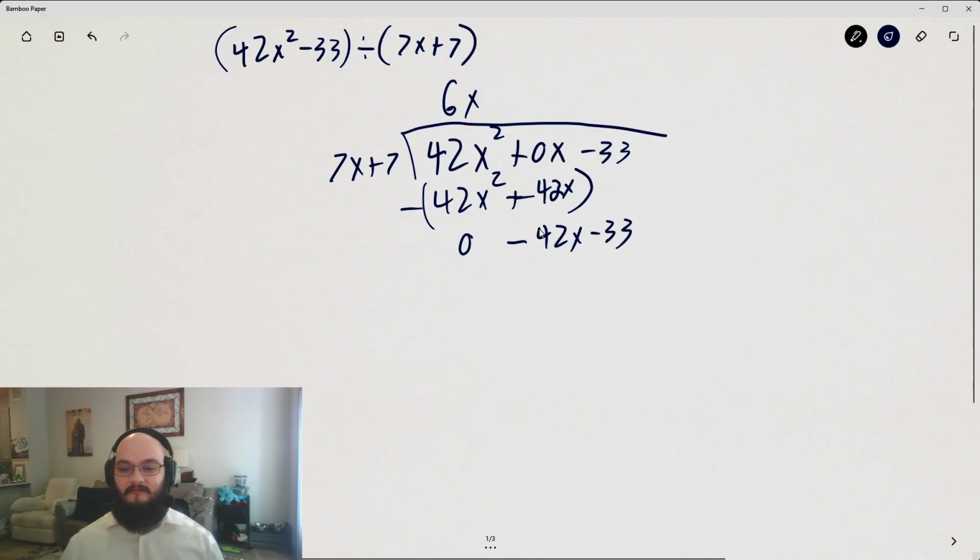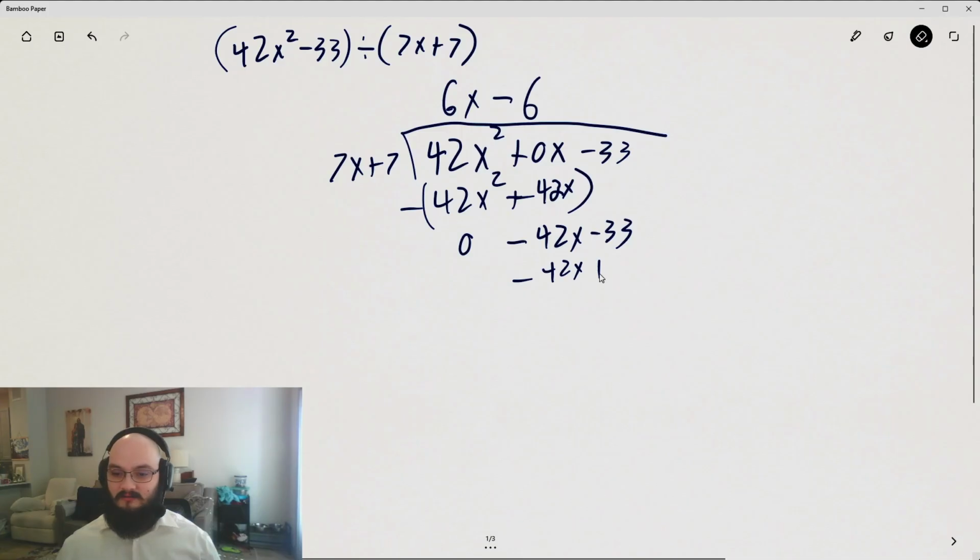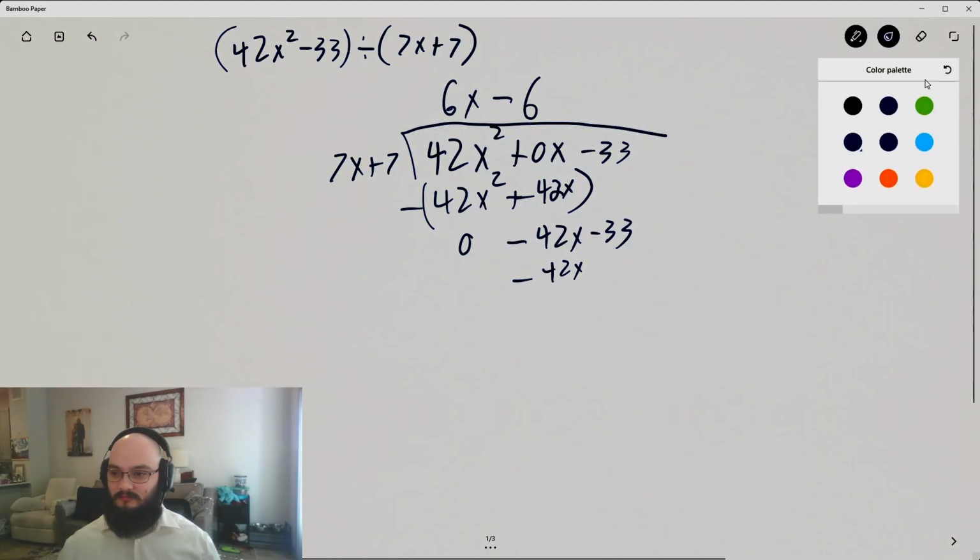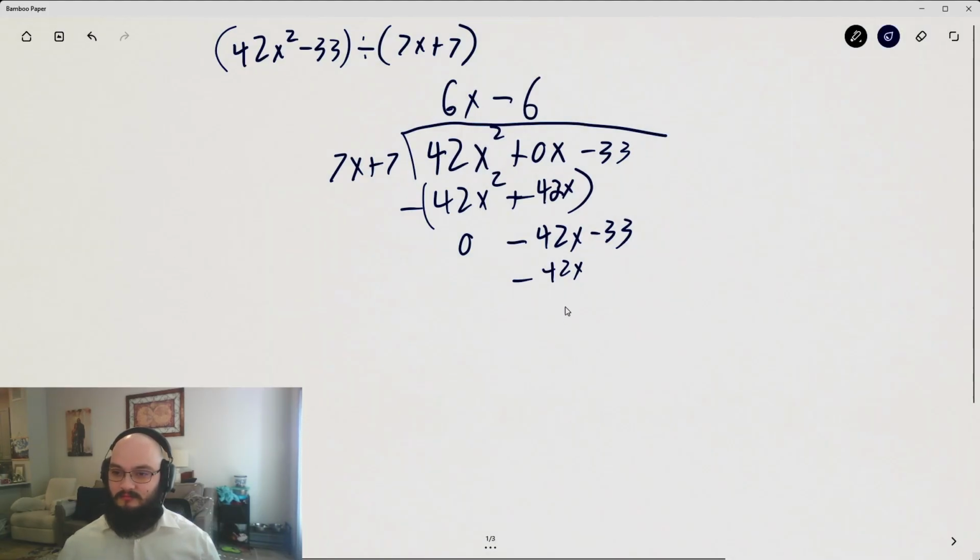And now we have 7x needs to be multiplied by a negative 6 to turn it into negative 42x. Multiply our binomial over here by our number up here. We'll have negative 42x, and then that'll be negative 42. Do our subtraction.